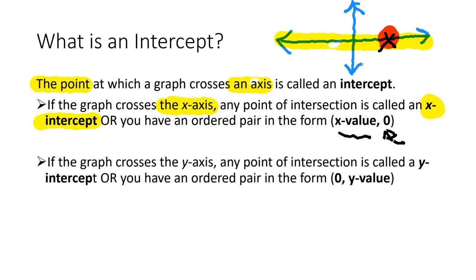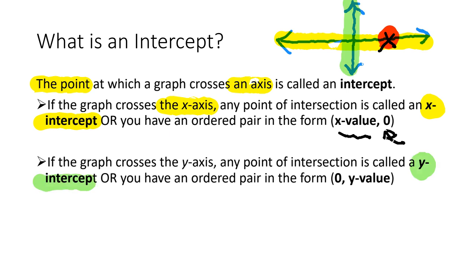But we then have something called the Y-intercept. Well, the Y-intercept is on the vertical line.